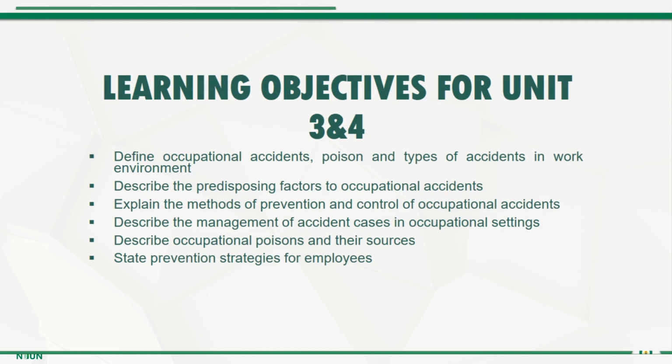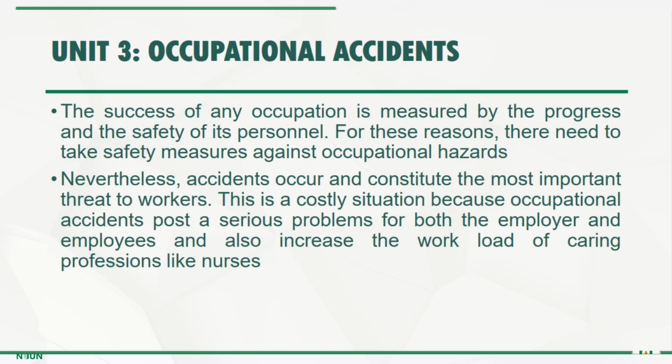Explain the methods of prevention and control of occupational accidents. Describe the management of accident cases in occupational settings. Describe occupational poisons and their sources. And lastly, state prevention strategies for occupational poisons.